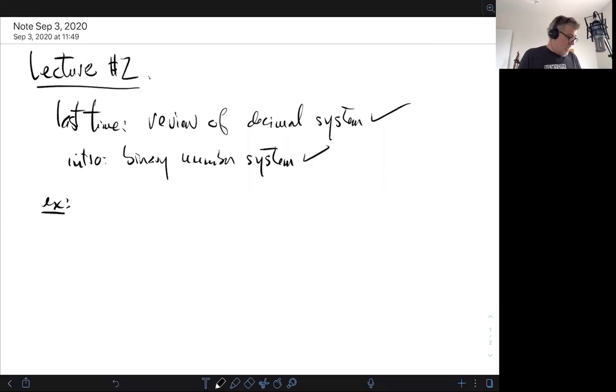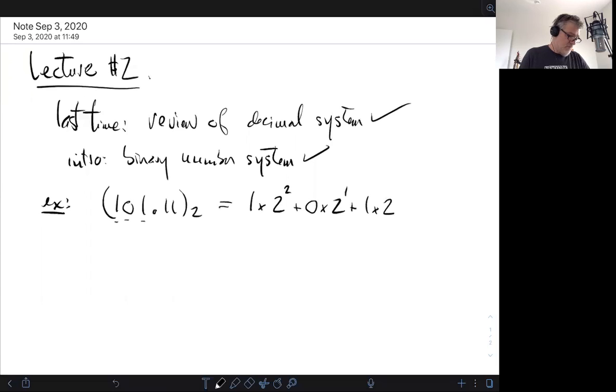So let's say that I write 101.11 like that. That means that it's written in binary. So what does that mean? Of course it's a positional system. So these are the powers of 2, starting from 2 power 0, increasing to the left, decreasing to the right. So this will be 1 times 2 power 2, plus 0 times 2 power 1, plus 1 times 2 power 0.